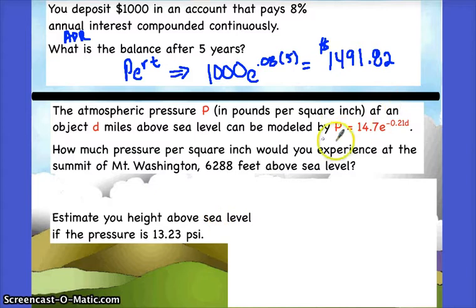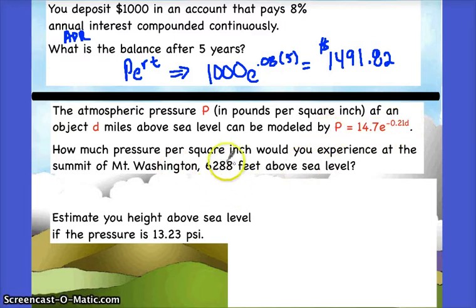So we've got a formula here that will give us the atmospheric pressure in PSI, pounds per square inch, given that we are d miles above sea level. So how much pressure per square inch would you experience at the summit of Mount Washington, 6,288 feet above sea level? First thing we need to notice is, yes, we do want to plug in for d, that height, in order to find the pressure.